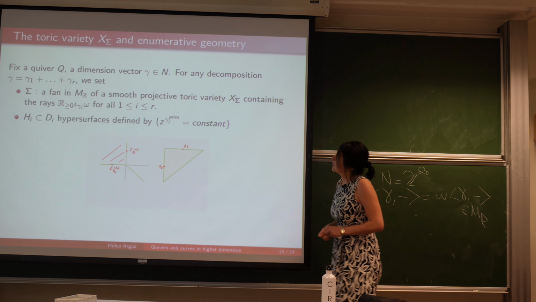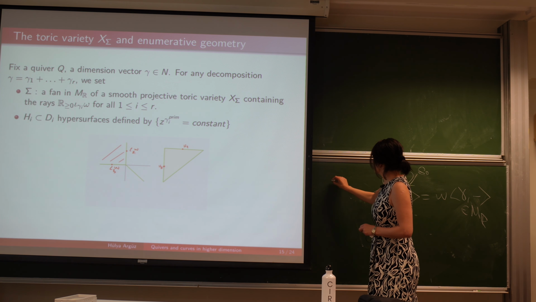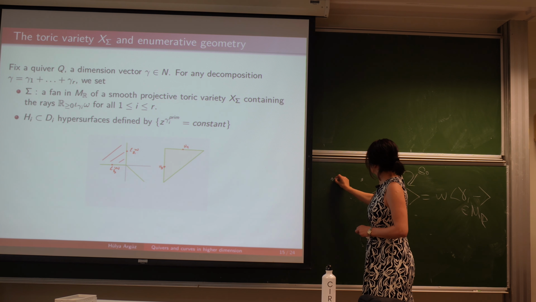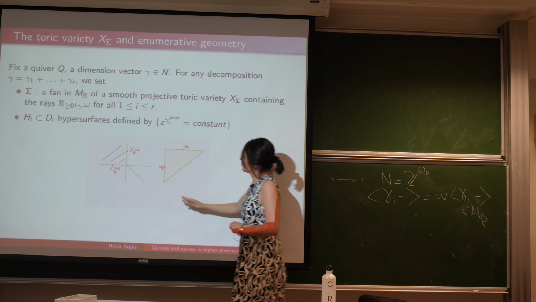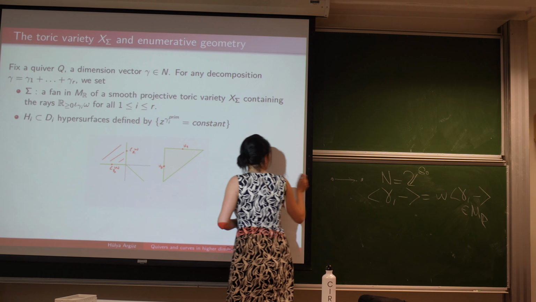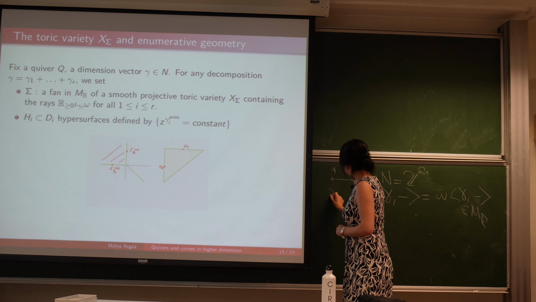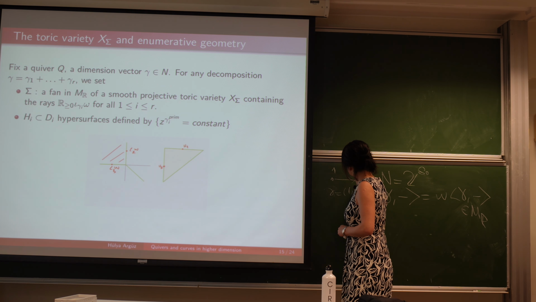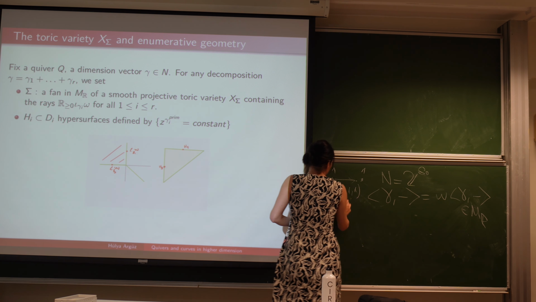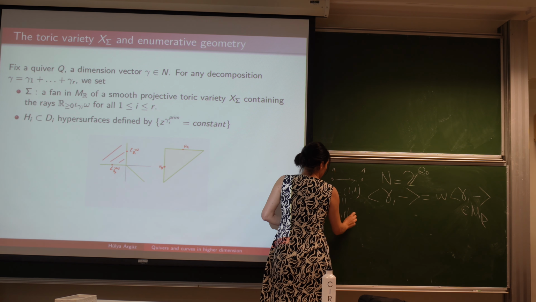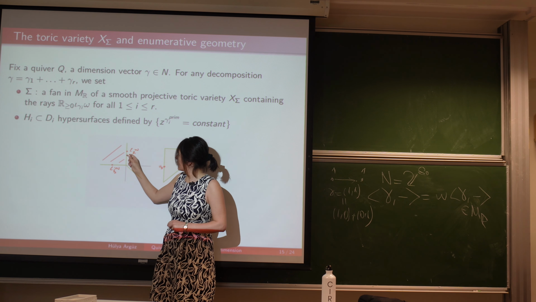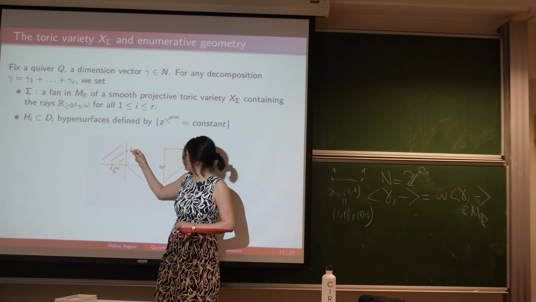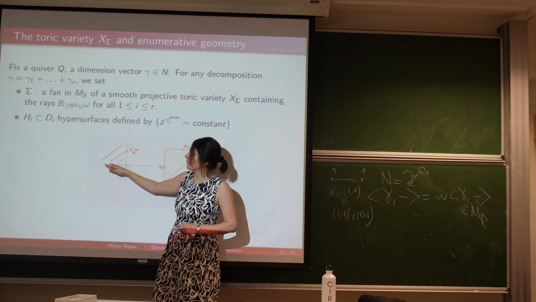If you take the simplest quiver, the Kronecker quiver with just 2 vertices, and take the dimension vector gamma equal to (1,1) and decompose it as (1,0) plus (0,1), then you can calculate the contraction of your skew-symmetric form along (1,0) and (0,1), which will give you these 2 rays.